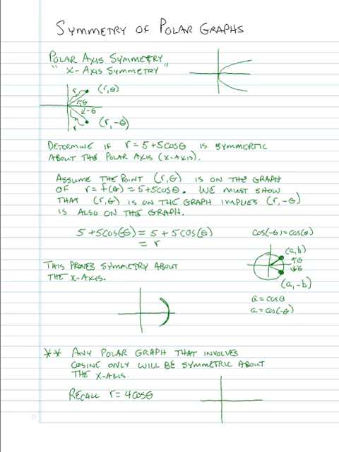And because the A value was 2, we decided that the center of the circle is at the point 2 comma 0. And we decided that the radius was also 2.